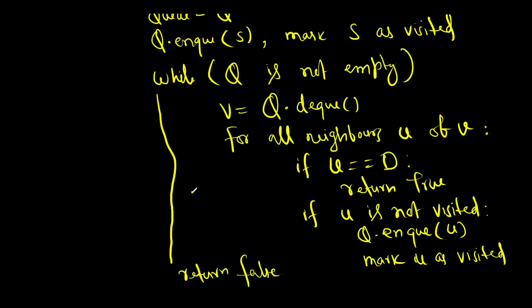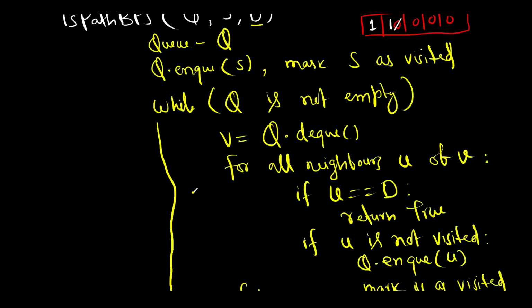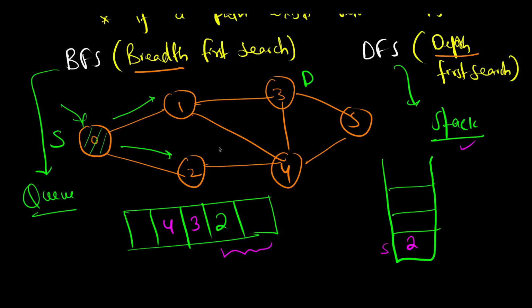Okay, so you can run this particular algorithm for this graph and see if you are able to find out a path between 0 and 3. Okay, next let's understand DFS, and for that I am writing another algorithm, isPathDFS. It means we are going to check whether there is a path between two vertices using DFS.